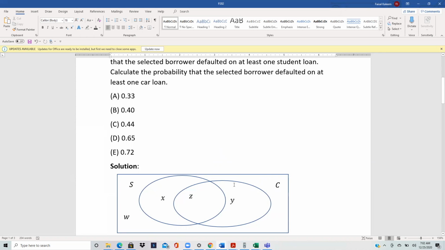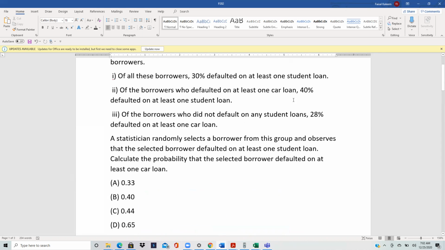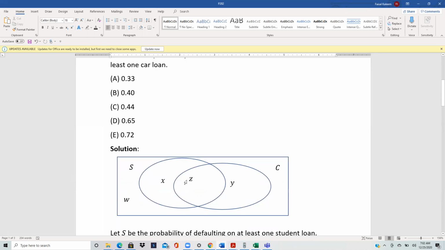So 40% of these is 40% of Z plus Y. And of these, the ones who default on one student loan are Z. So that means Z is 40% of Z plus Y.